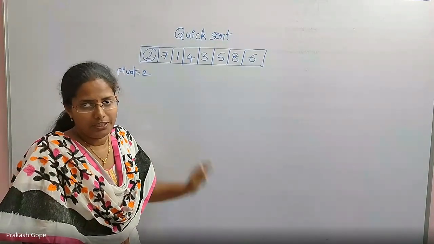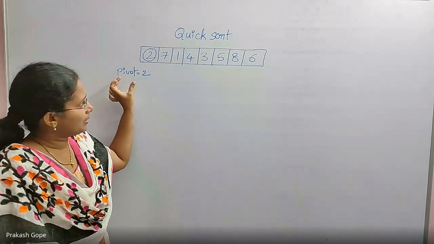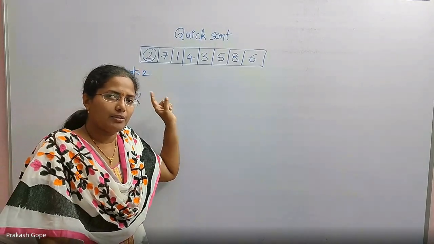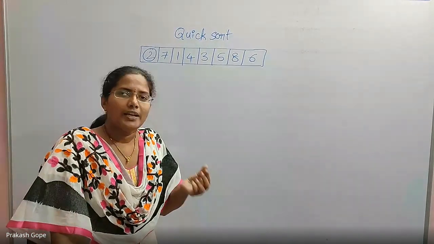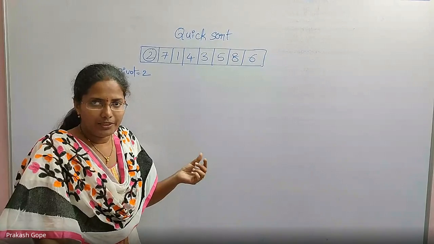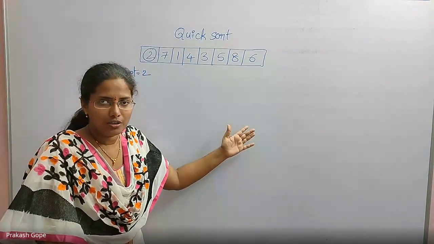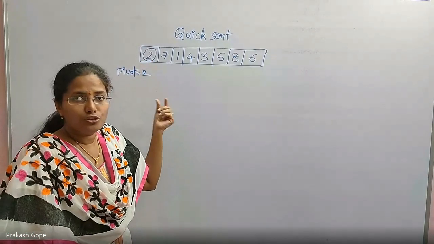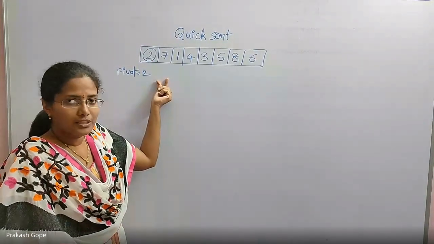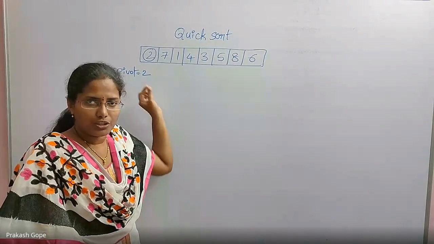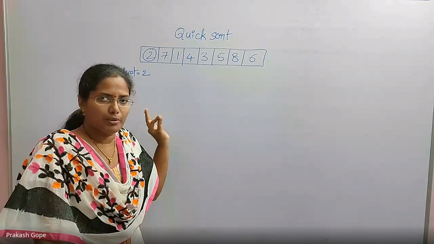What is the meaning of right place? It is the place where it will be in the sorted order. If I write all these elements in sorted order, there is a place for this pivot element, and obviously it should sit here. So after the first iteration of quick sort, it should go and sit in its right place.